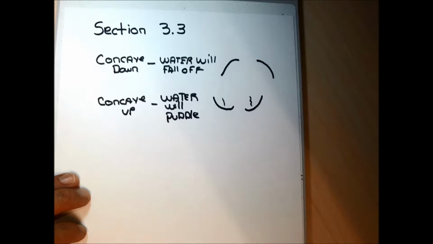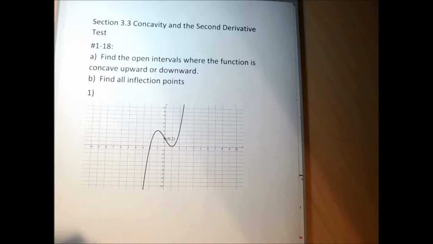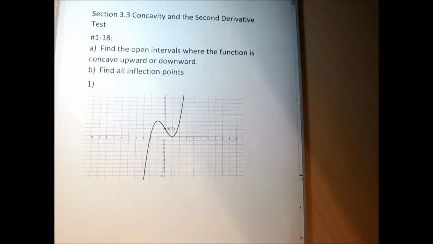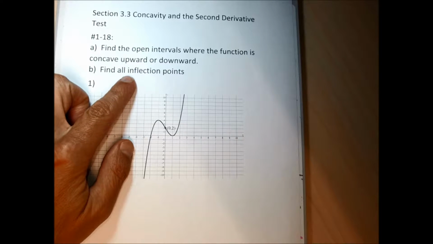And like increasing and decreasing, we describe where a graph is concave up and concave down in terms of open intervals and using x coordinates and not y coordinates. I had to make the graphs fairly big. So for each of the problems between 1 and 18, we're supposed to find the intervals where the graph is concave up and concave down. And then we need to find an inflection point.